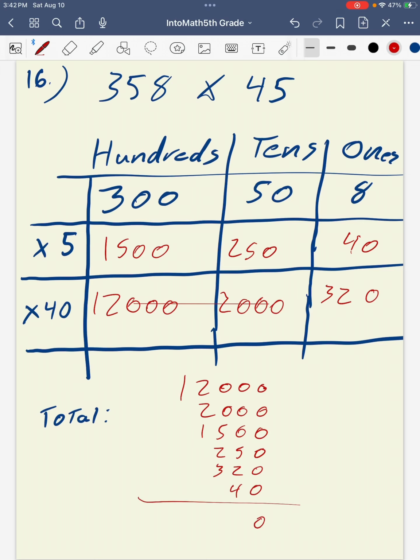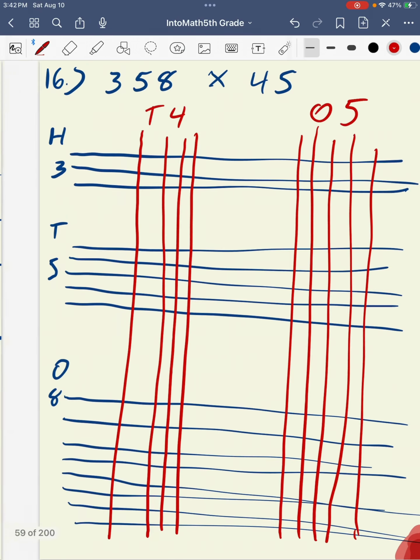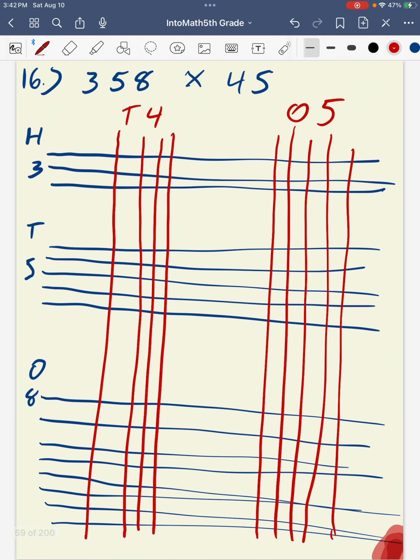Add them all up. 0, 5 plus 4 is 9, plus 2 is 11, 1 plus 5 is 6, plus 2 is 8, plus 3 is 11, plus 2 plus 2, 4, plus 2 is 6, plus 1, 16,110.